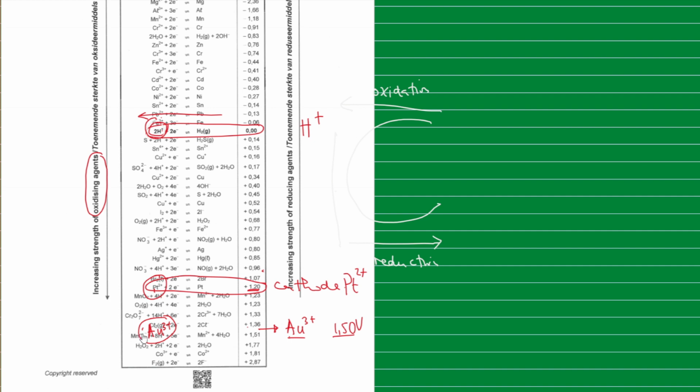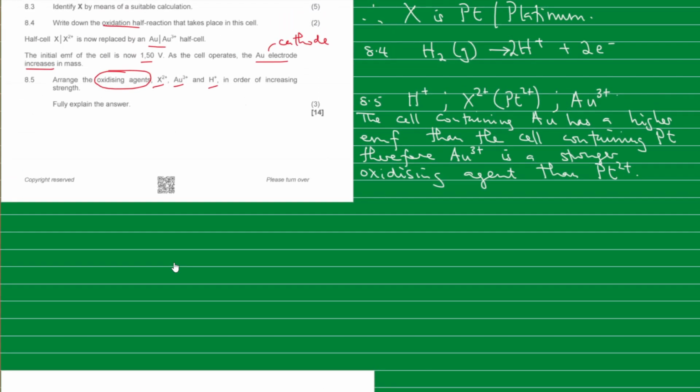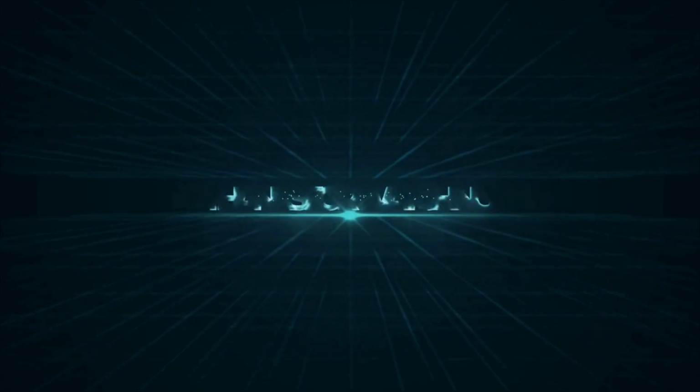So that's why we are saying that because we got a higher EMF, it means that the Au3 plus is stronger because we are going further down. So Au3 plus is stronger than platinum ions. So that would explain the reason why we can arrange them in that particular order. So that completes the question, which has got 14 marks.